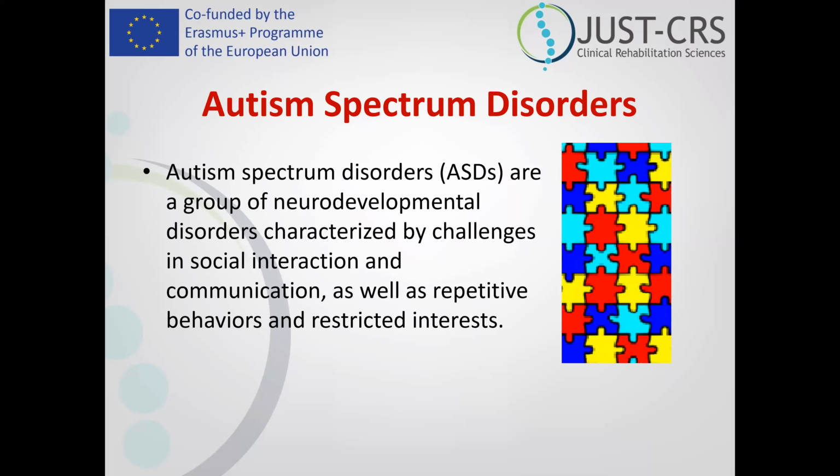As some or many of you may know, autism spectrum disorders, or ASD, are a group of developmental disorders that are mainly characterized by limitations in social interaction and communication, and also present with some problem behaviors like repetitive behaviors and restricted interest.